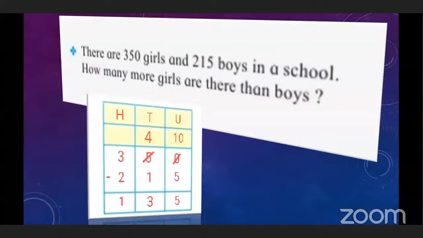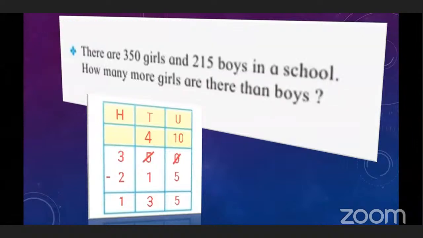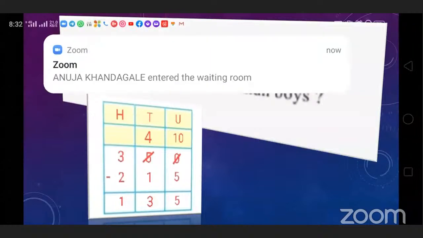There is one particular school, and in that school there are 350 girls and 215 boys. And the question is how many more girls are there than boys? We are going to compare how many more girls are there than boys.